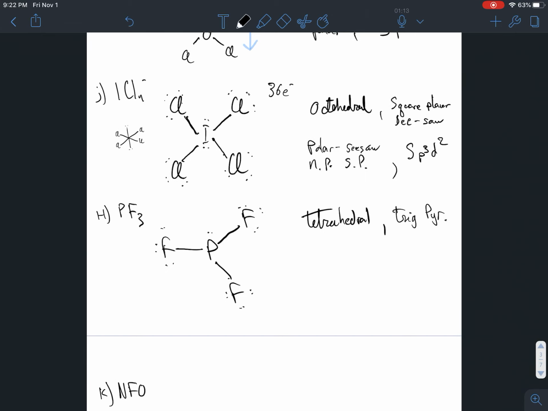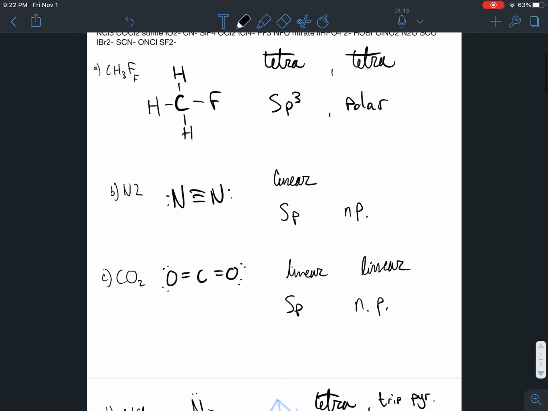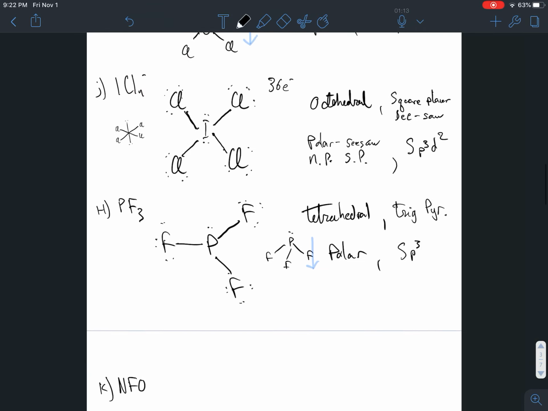Is it polar? Let's draw what it looks like spatially, which you can clearly see that is polar because fluorine is there at an angle, so it is polar, and the hybridization is sp3. Huh. These kind of repeat each other. How about that? Who'd have guessed?